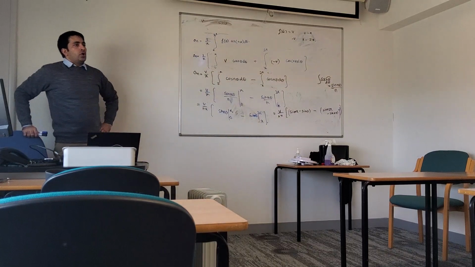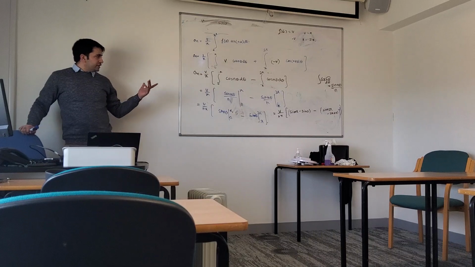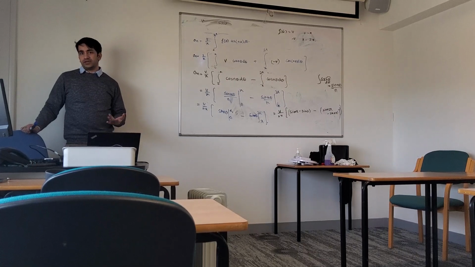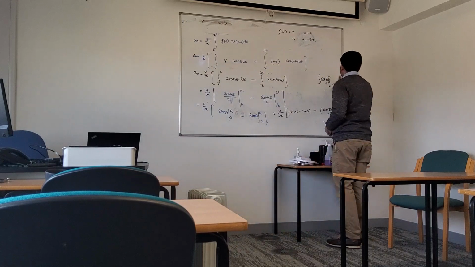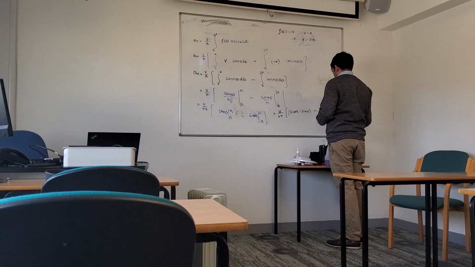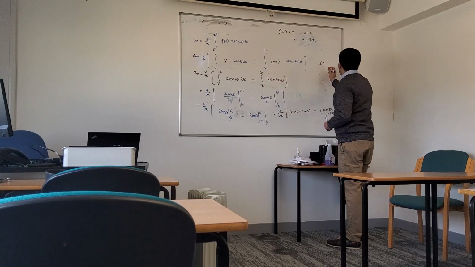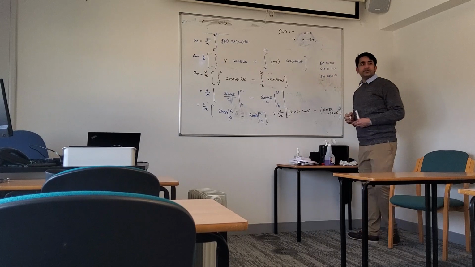Okay, so now after applying limits, once we have it in this form, we always look for typical values of sine. We know that sine pi is 0, sine 0 is 0, sine 2 pi is 0.